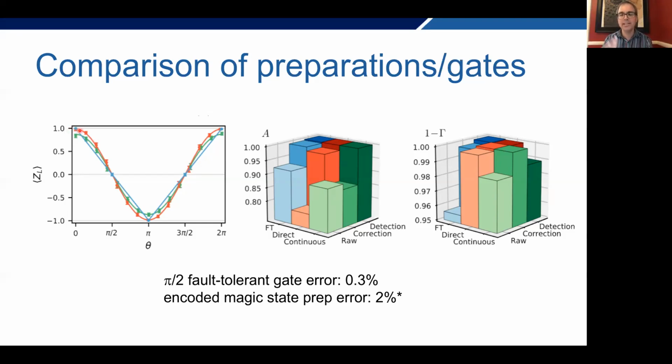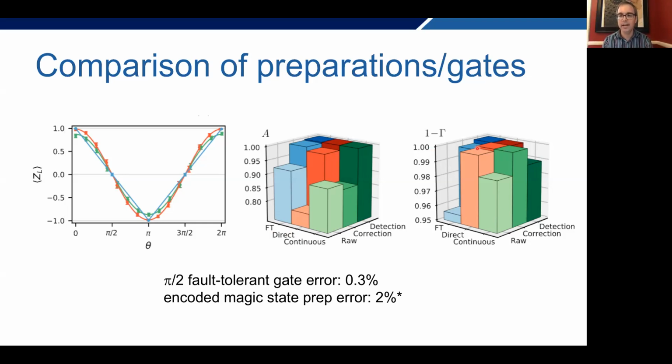If we accept that, then the error at pi over 4 is limited by either the error per pi over 2 gate, or the contrast, which represents effectively a depolarizing channel. And what we see is the contrast for the direct preparation is 98%.